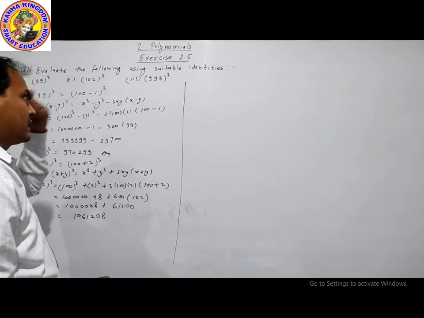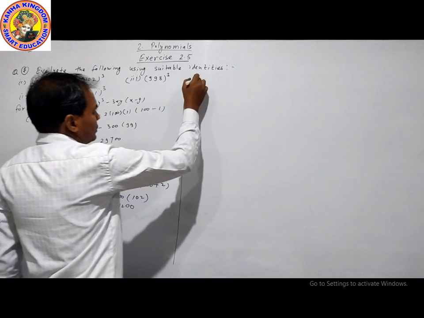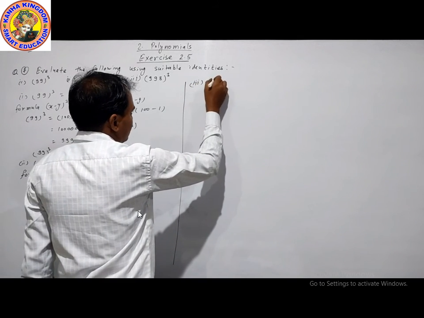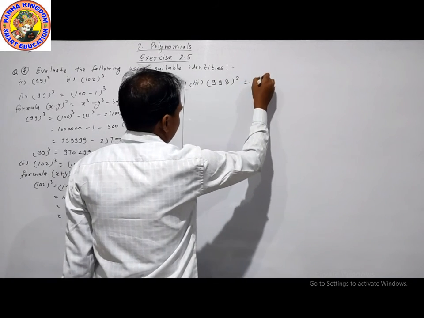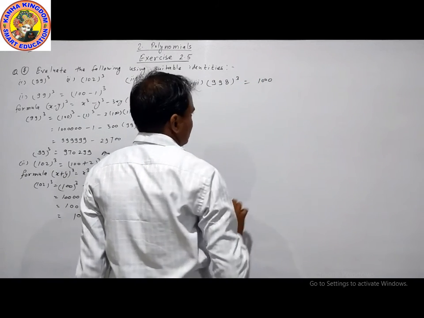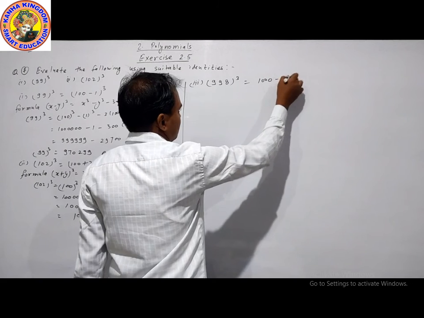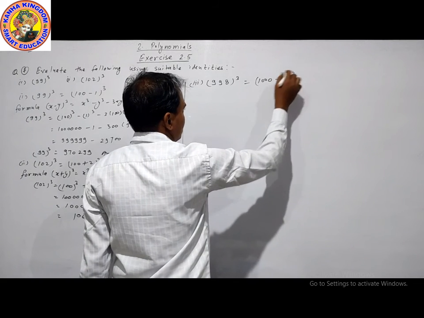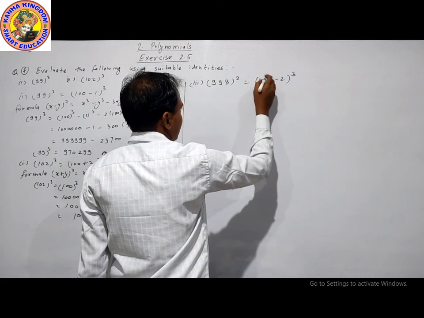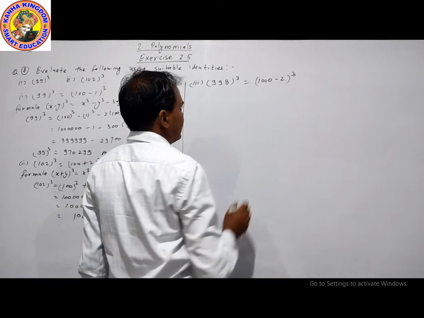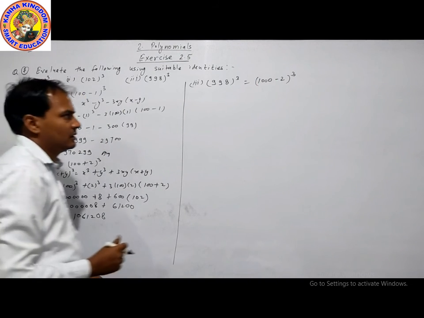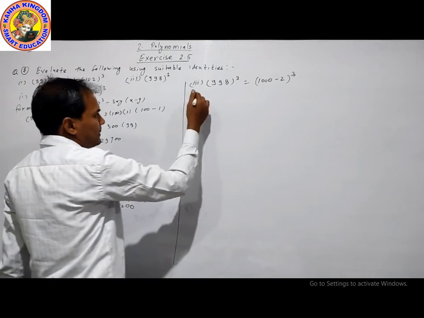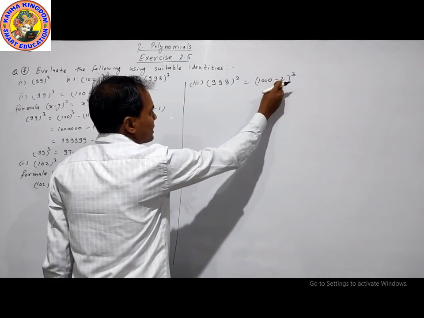Now taking part third. The third part is 998 cube. The nearby value is 1000. 1000 minus 2 is 998, so it is (1000 minus 2) cube, (x minus y) cube.